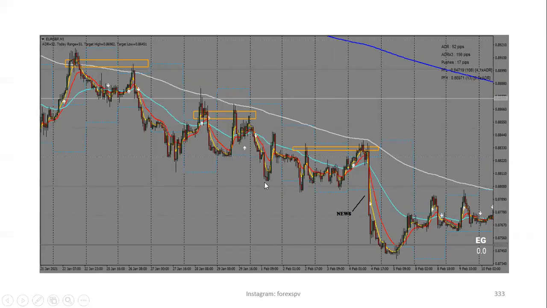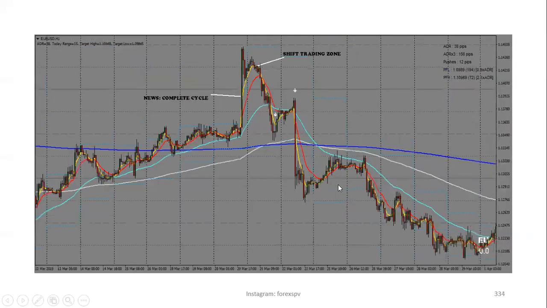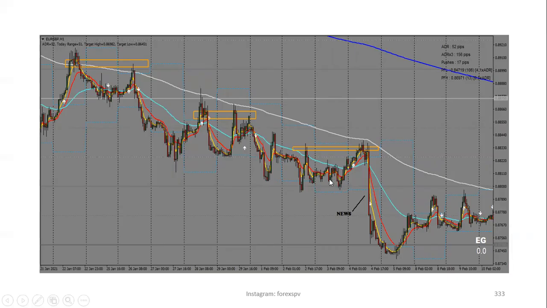If you look at it, the market formed equal lows, producing this move going up. It formed these equal lows again, producing this move going up. And here the market came and retested this 50 MA, having this move going up. So this was all the dealer's move to induce traders to take the wrong position.